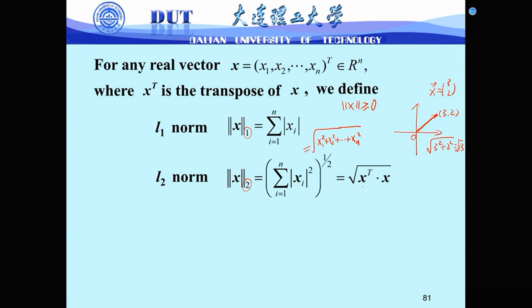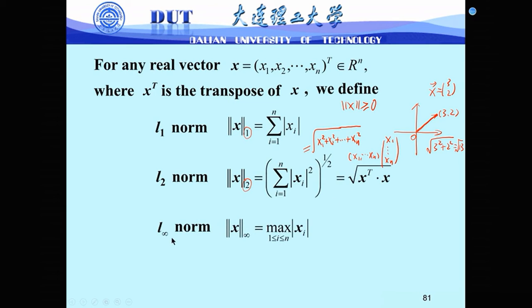It means x transpose, the row vector x1 to xn, inner product with x1 to xn. It's okay for you? You should know the inner product, right? Okay, so it is just x1 multiply x1, so x1 square, plus x2 multiply x2, x2 square, and plus last is xn multiply xn, so xn square. And don't forget the square root. It's okay?